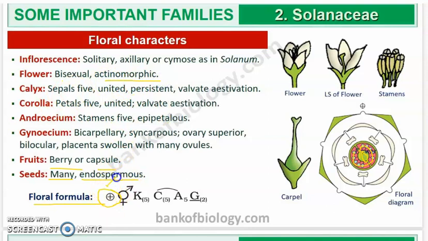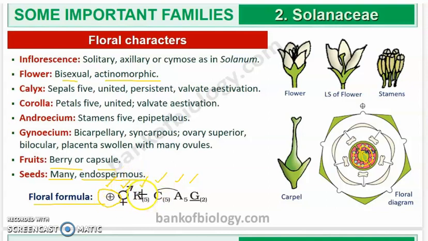Symmetry comes first, and then comes the type of flower, whether it is bisexual or unisexual. We have studied that they are bisexual, so it has the male and the female reproductive parts, right? And then comes the third one, which is the calyx, then corolla, androecium, gynoecium. So this is how we have to write the floral formula of a flowering plant. So this is actinomorphic, this is bisexual.